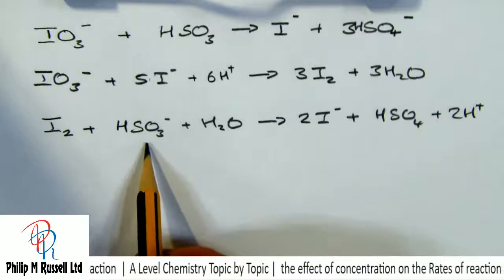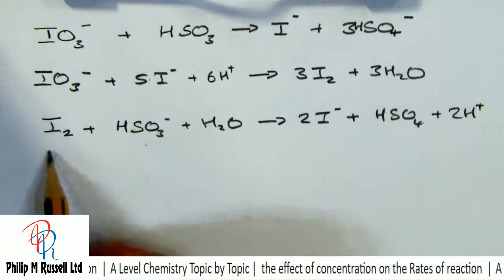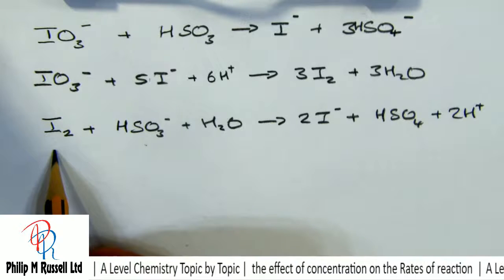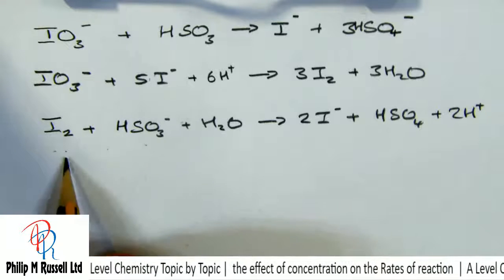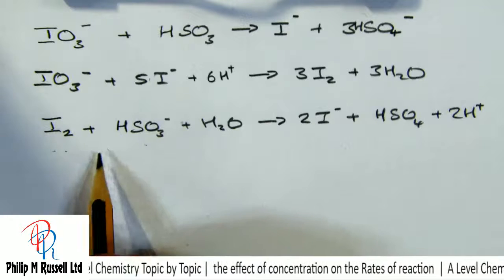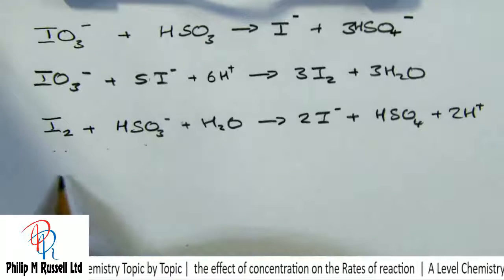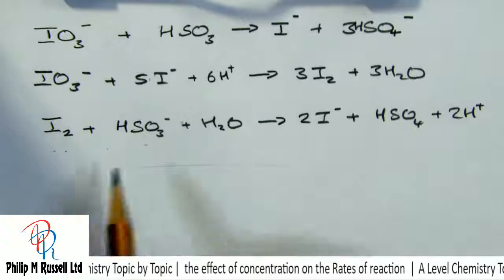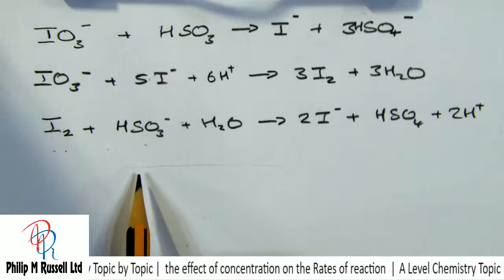When this bisulfite is fully consumed, this iodine will survive. It won't be reduced by the sulfite, and so we get the dark blue, black complex with starch, and there is our indicator to tell us that that part of the reaction has actually completed.